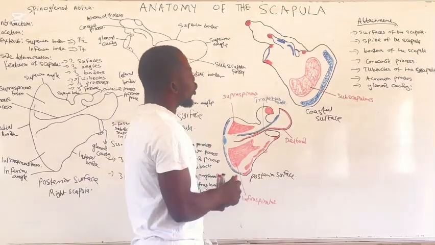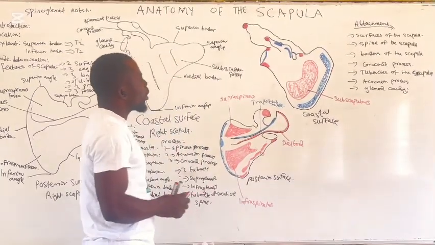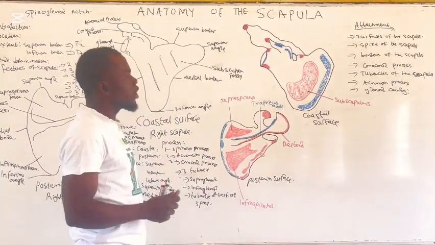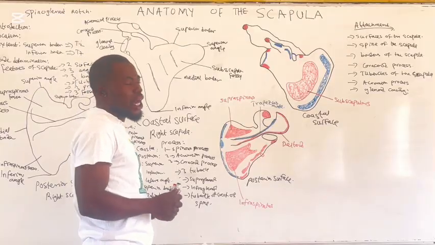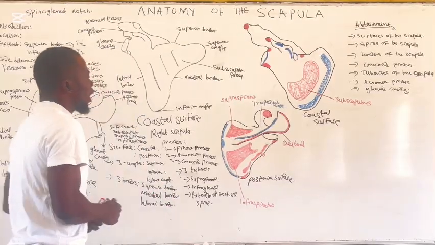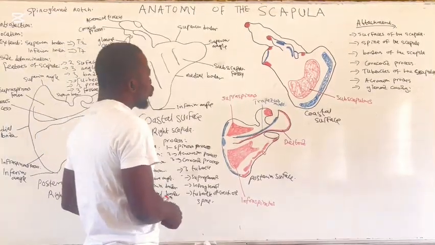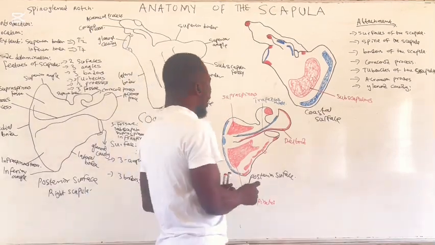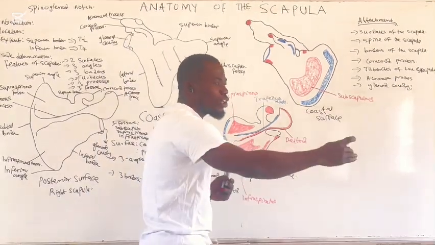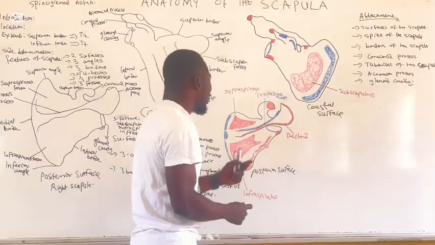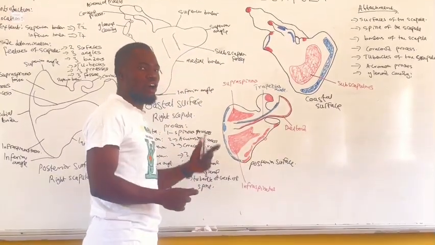Attachment on the borders of the scapula. The borders of the scapula are the medial border, the lateral border, and the superior border. To the medial border of the scapula, there are attachments on the costal surface of the medial border and attachments on the posterior surface of the medial border.